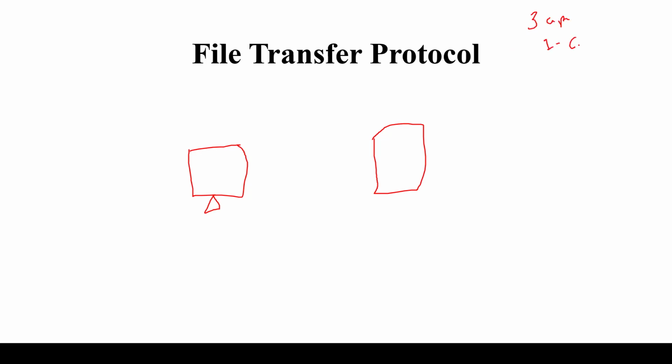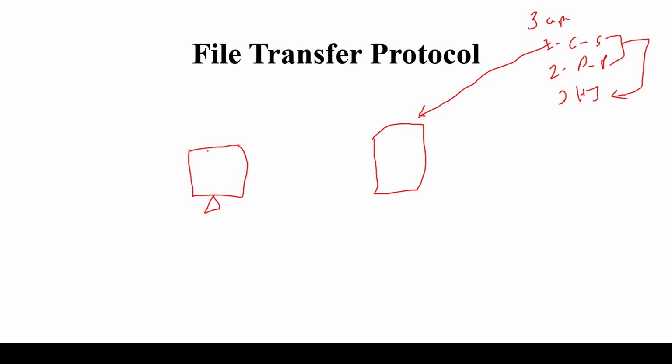One is client-server, second is peer-to-peer, third is hybrid. Hybrid is a combination of client-server and peer-to-peer, so whatever advantages client-server and peer-to-peer have, that is the hybrid architecture. But file transfer protocol uses the client-server architecture, right?